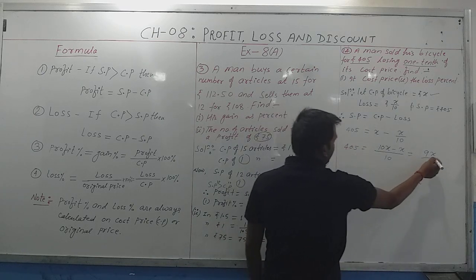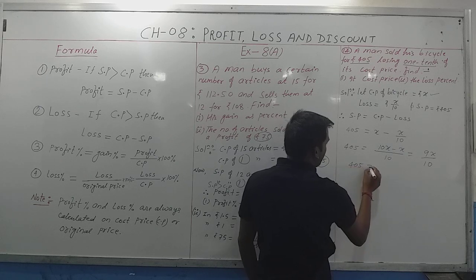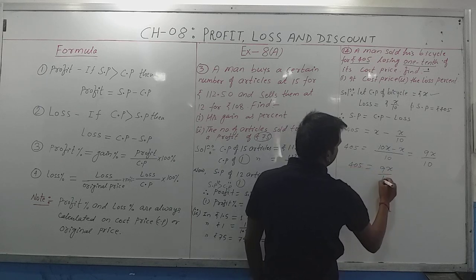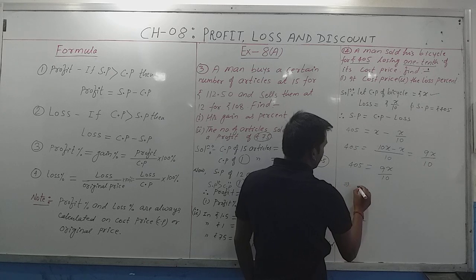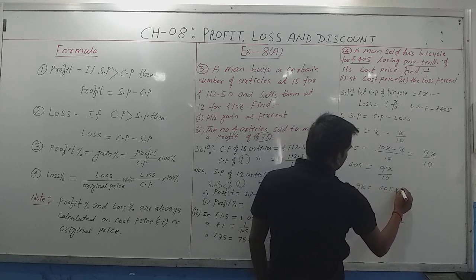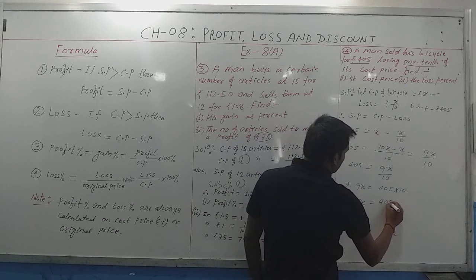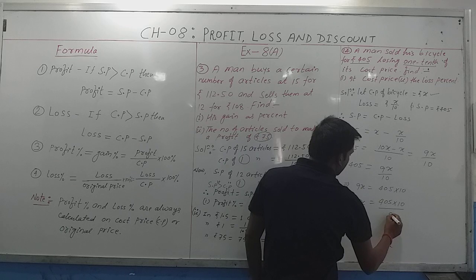Okay, we have to find the unknown variable x. So you may write 405 is equal to 9x by 10. Even you can write 9x is equal to 405 into 10. So x is equal to 405 into 10 by 9.